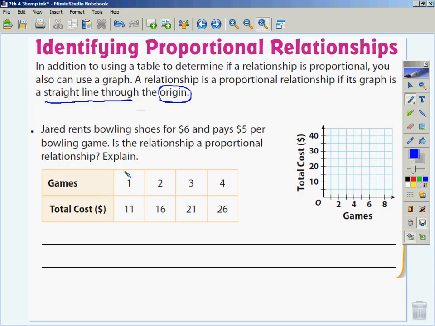So, we're going to take this table that they gave us, and we're going to identify whether it's proportional this time by plotting the points.